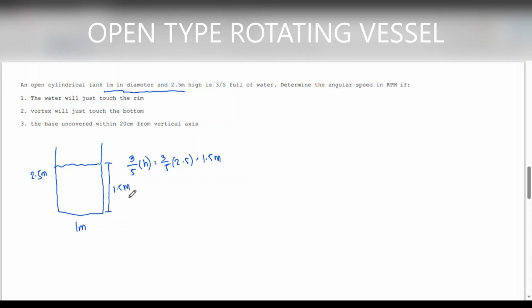Now we have the D, and it has a value of 2.5 minus 1.5, so that will be equal to 1 meter. Now the water will just touch the rim for our question number 1. So for that to happen, we can conclude that the paraboloid will just touch the rim and there will be no liquid that will be spilled.